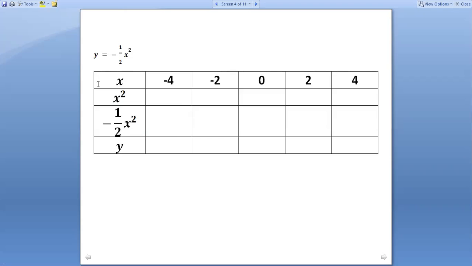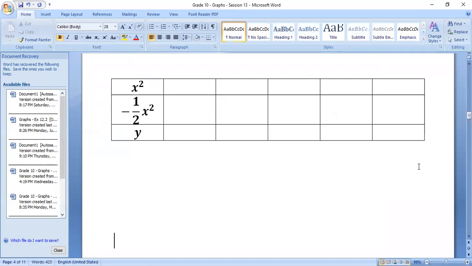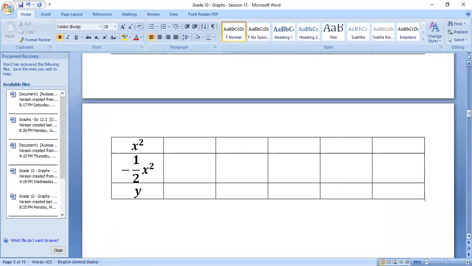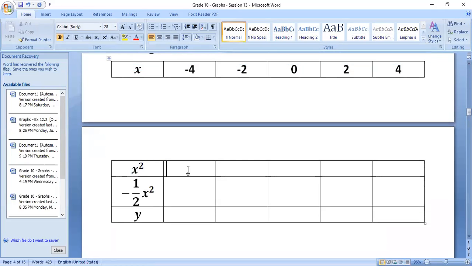Here also, to draw the graph of the function of the form y equals negative half x squared, I have taken the values for x as negative 4, negative 2, 0, 2, and 4. You can take any values you prefer for x. No need to take these values. Okay, now let us complete this table. If the value of x is equal to negative 4, x squared will be equal to 16. Here it will be 4, 0, 4.